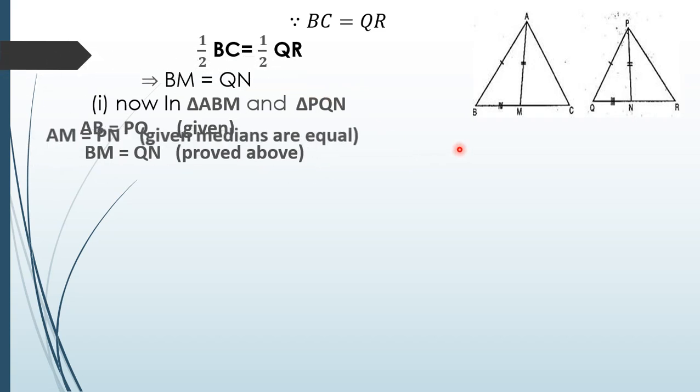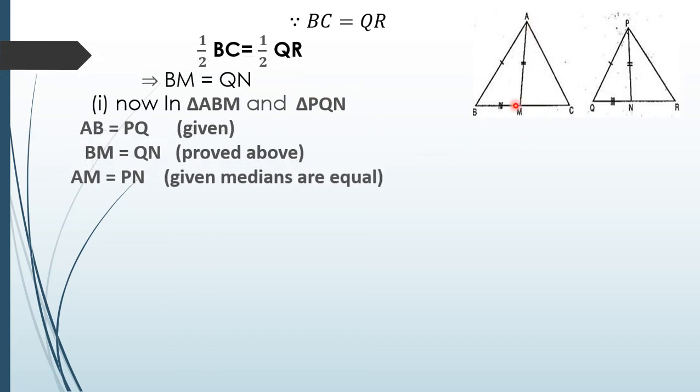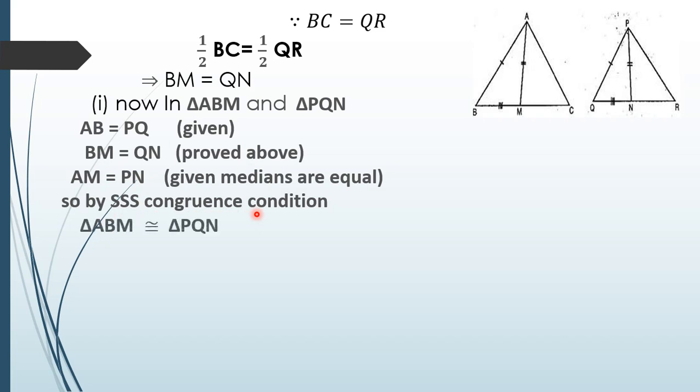And the third thing is AM is equal to PN, this is also given as the medians are equal. So this is a side, this one also a side, and again the third is a side. So we can write by SSS congruence condition, triangle ABM is congruent to triangle PQN.